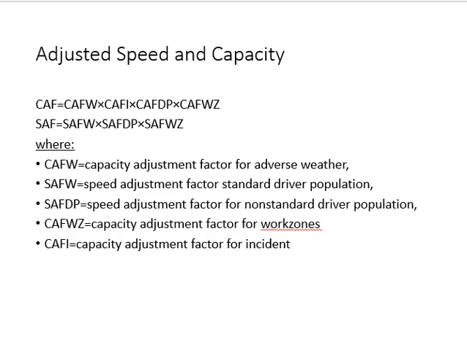If you have 2 factors, you will multiply 2 of them. If you have 1, you will multiply. All the factors which are applied must be multiplied, but you cannot multiply speed with capacity. All factors of capacity can be multiplied together, and all factors of speed can be multiplied together.